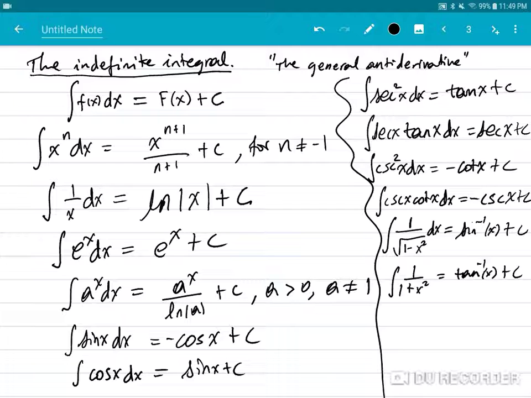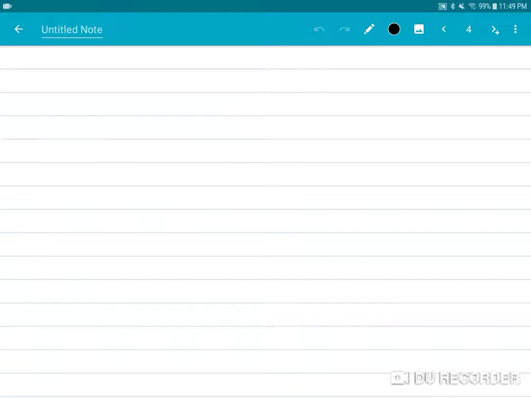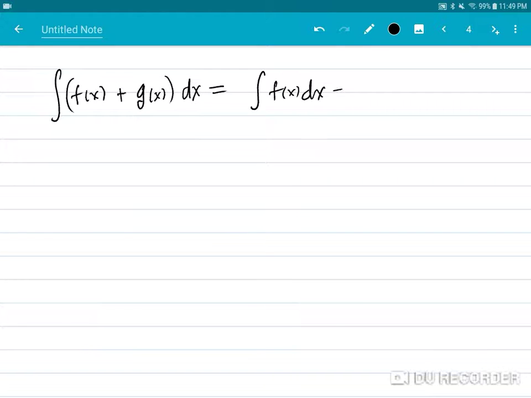A couple of properties that I want to discuss: if you have two functions and you can antidifferentiate each one separately, then you can antidifferentiate the sum of the two functions. You antidifferentiate the first one, antidifferentiate the second one, and add them.